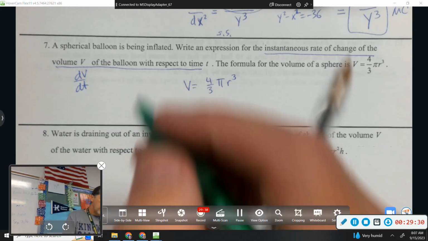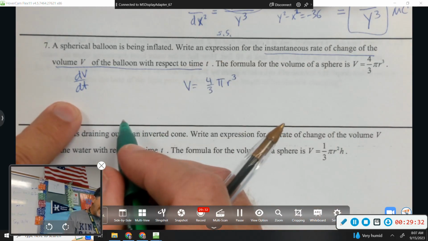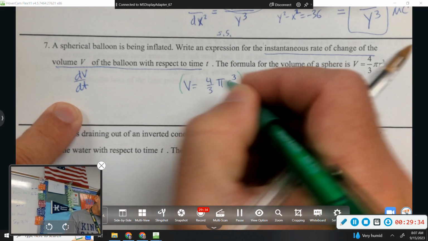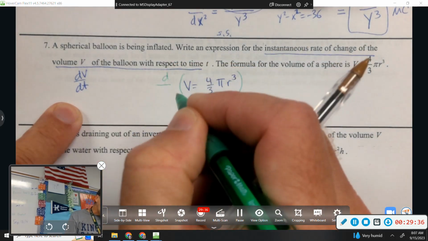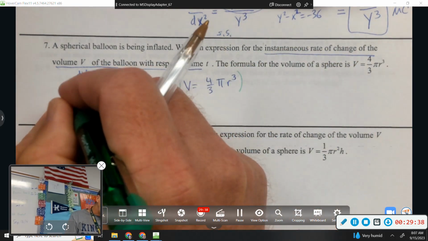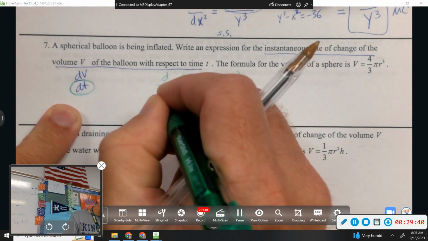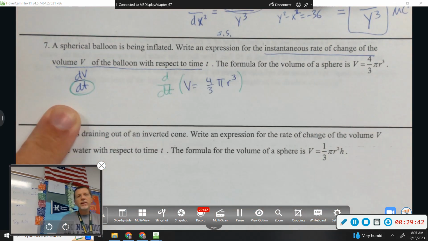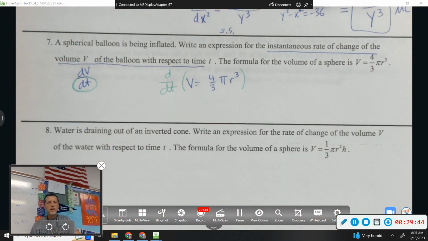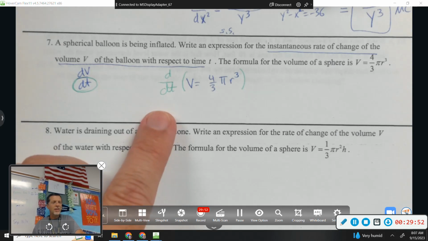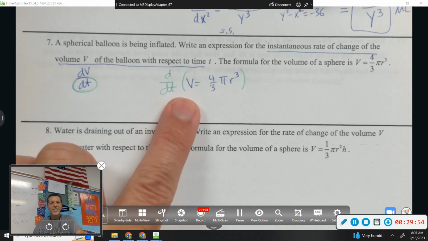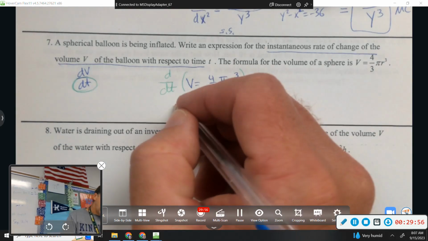If I want dV/dt to show up, what do I need to take a derivative with respect to? dt, time. So what's the derivative of V with respect to t? That's the easy side.